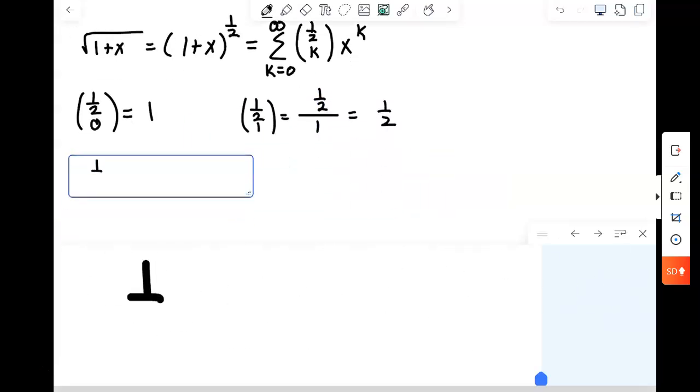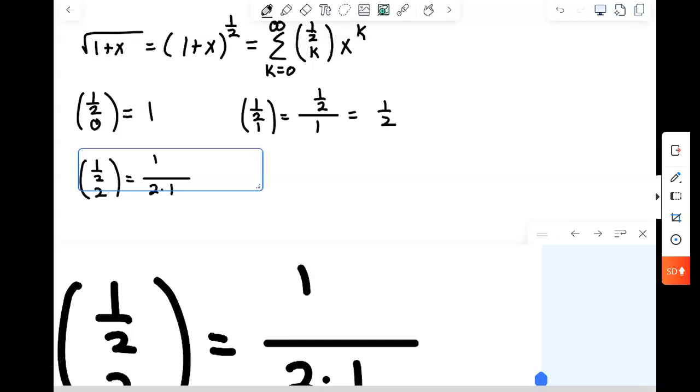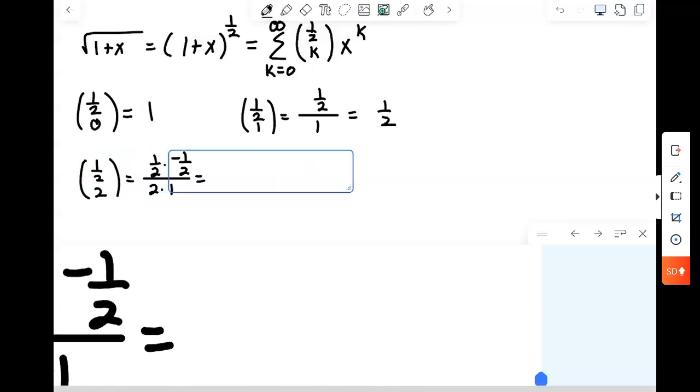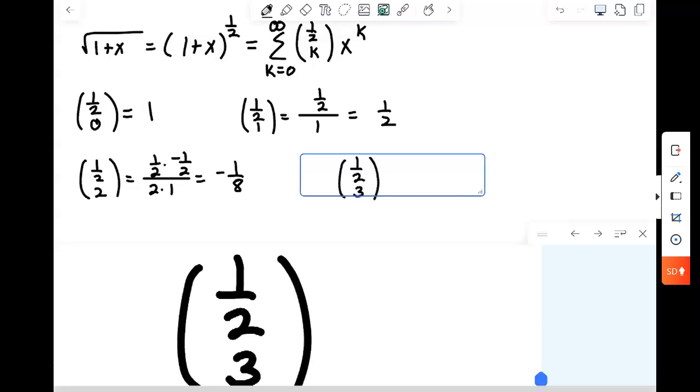And then 1/2 choose 2. That will be 2 factorial on the bottom, 2 times 1. On the top, we would have 1/2 times 1/2 minus 1. So in the end, we're going to have a negative 1/4 divided by 2, which is negative 1/8. And then finally, 1/2 choose 3.